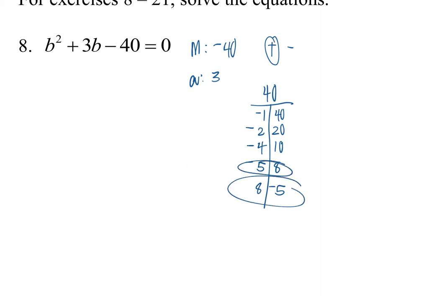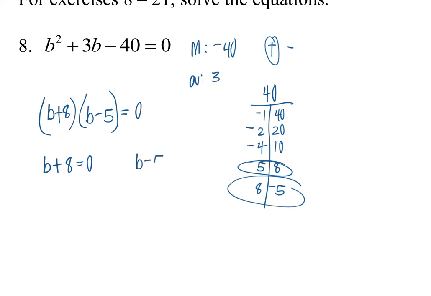So that would factor into b plus 8 times b minus 5 equals 0. And now I can just say that b plus 8 equals 0 and b minus 5 equals 0. So b equals negative 8 and b equals 5.